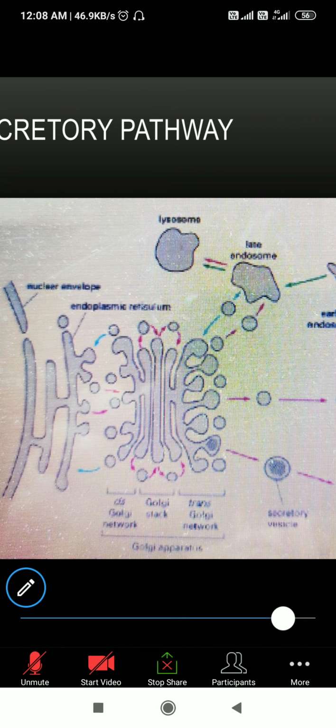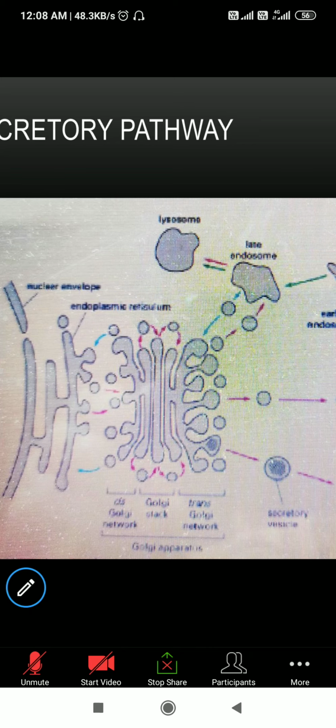They travel in vesicular form, which forms the Secretory Pathway. These vesicles first bud off from one organelle, then move in a vesicular form and join with the membrane of another organelle.